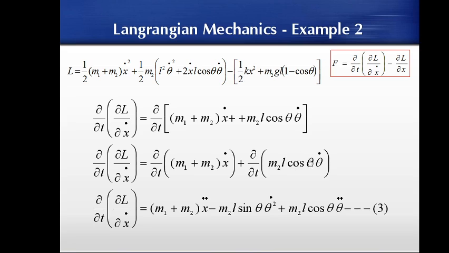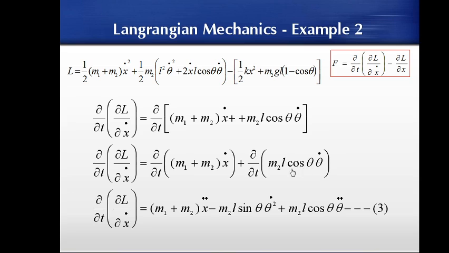So derivative of u, cos theta's derivative, is minus sin theta. Okay, so I'm getting minus m2 and l as constants, so minus m2 l into sin theta, into theta dot. Okay, because the theta alone is the term that is depending upon the time, it's not the entire cos theta.